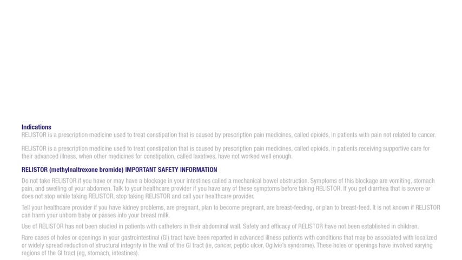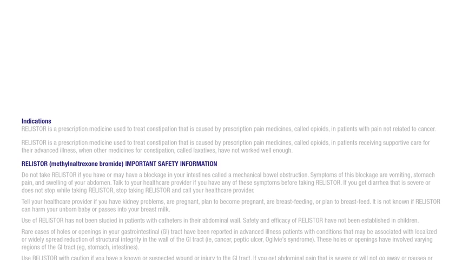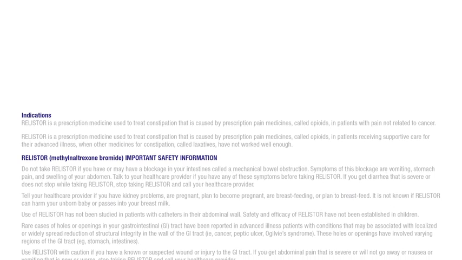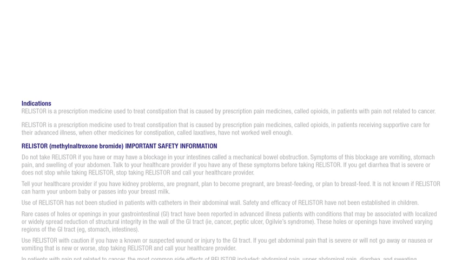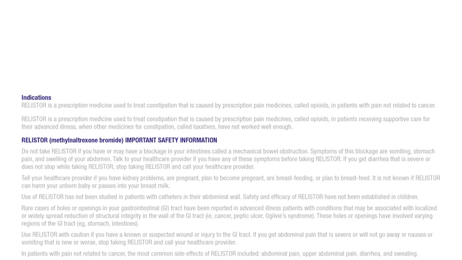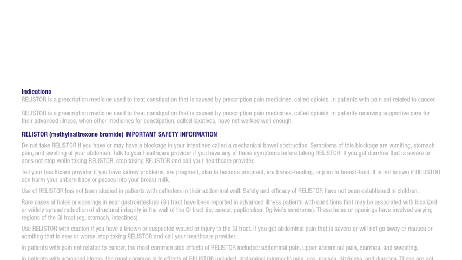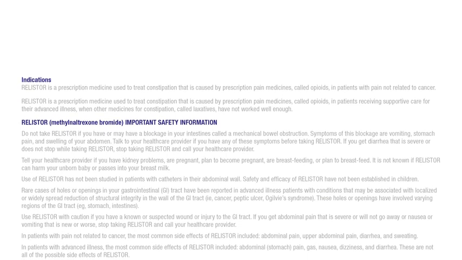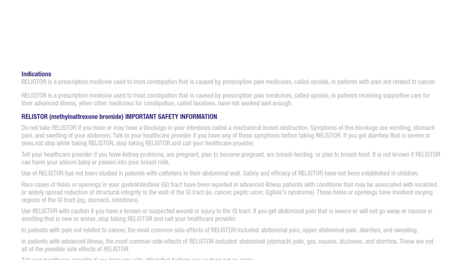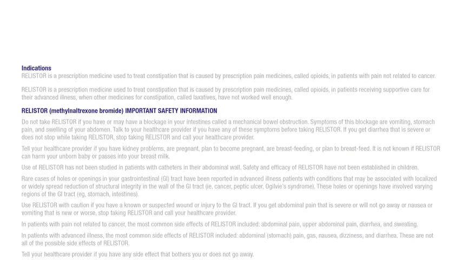Relistor, methylnaltrexone bromide, important safety information. Do not take Relistor if you have or may have a blockage in your intestines called a mechanical bowel obstruction. Symptoms of this blockage are vomiting, stomach pain, and swelling of your abdomen. Talk to your healthcare provider if you have any of these symptoms before taking Relistor.